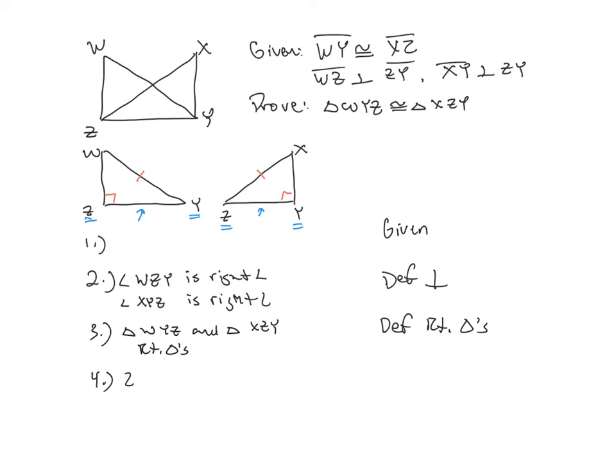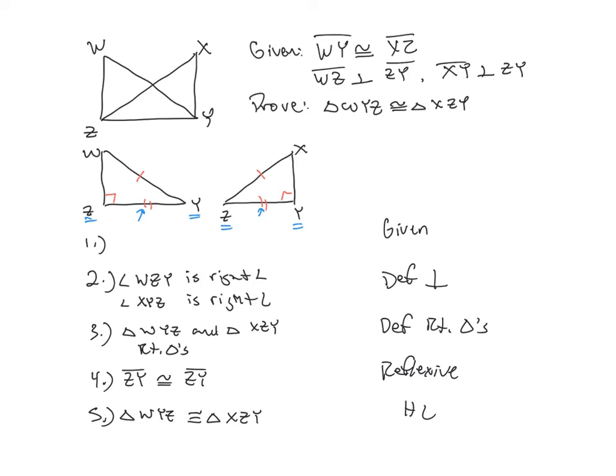Now I can do ZY is congruent to ZY, reflexive. And then I can say that triangle WYZ is congruent to triangle XZY, hypotenuse leg.